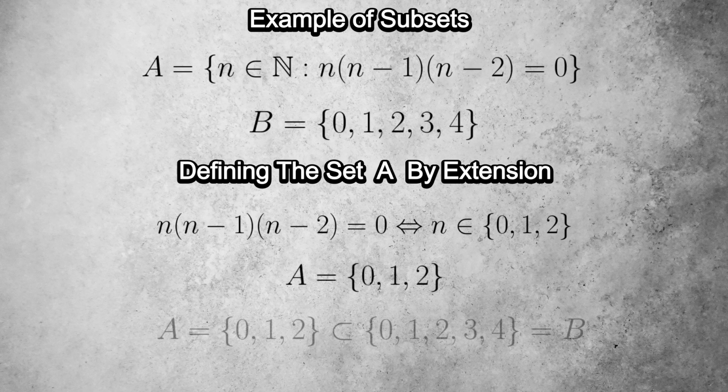And since B is containing A, meaning all elements in A are elements in B, we can say that A is a subset of B. Nevertheless, 4 is an element of B that is not in A, so B is not a subset of A.